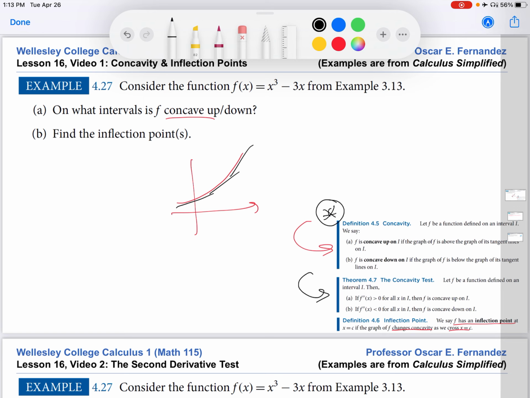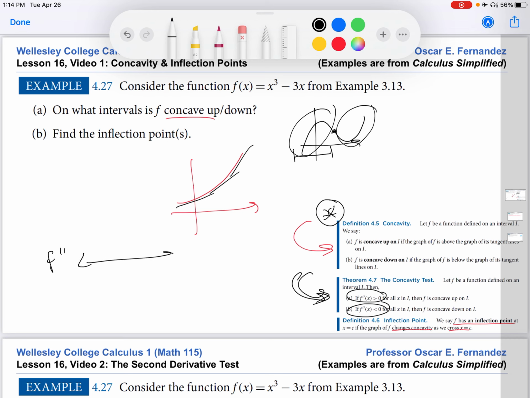To actually find where a graph changes concavity, those are inflection points, or to just find the concavity on a certain interval, this is where the concavity test comes in handy. That involves looking at the sign of the second derivative, and you want to find points where the second derivative is either 0 or does not exist. Those are great candidates for inflection points and also x values that you put on your second derivative sign chart.